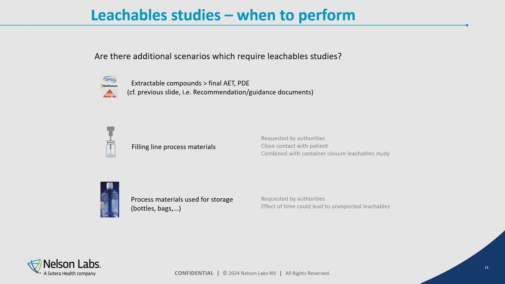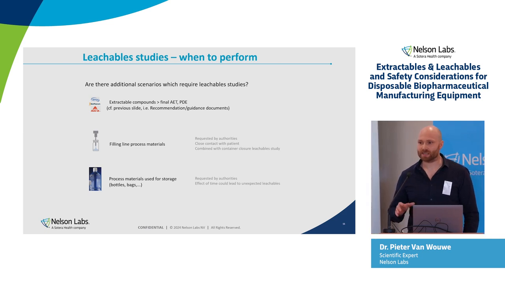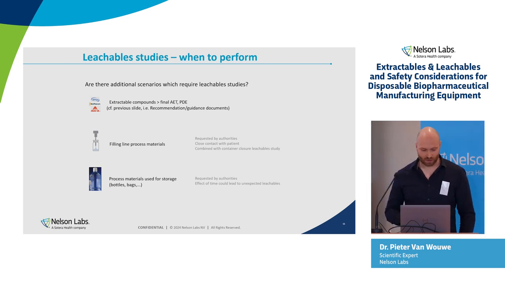That degradation takes several weeks or months, and you will only detect that compound as a leachable and not as an extractable. And such a degradation compound could also have different toxicological properties than the actual antioxidant. So in such a scenario, it definitely makes sense to do a leachable study on process materials used for storage.